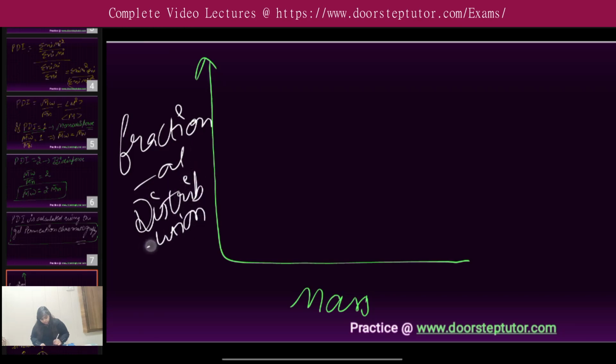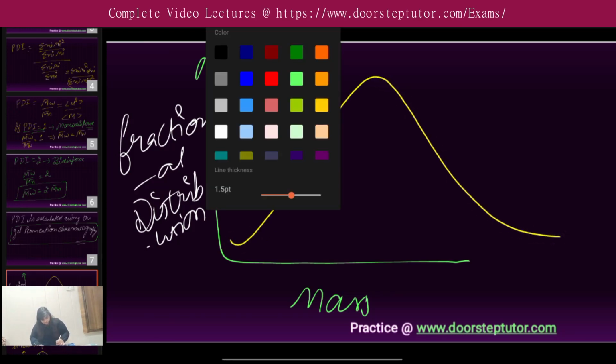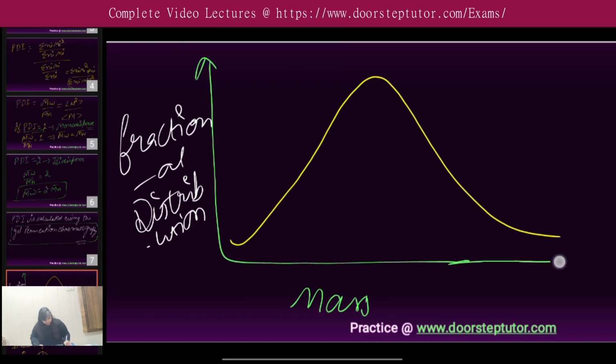For this we are going to get a Gaussian type of curve, like I told you for the Boltzmann distribution. So let us extend this one line. Different fractions are there for the different lines, and you have to mark which mass each corresponds to.